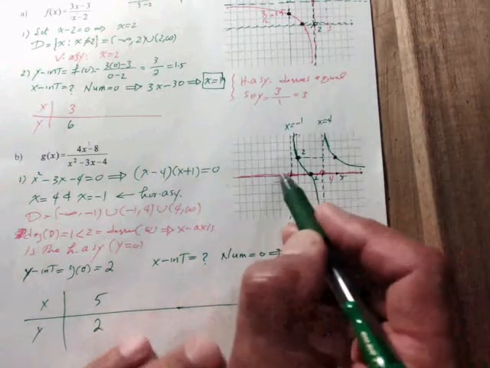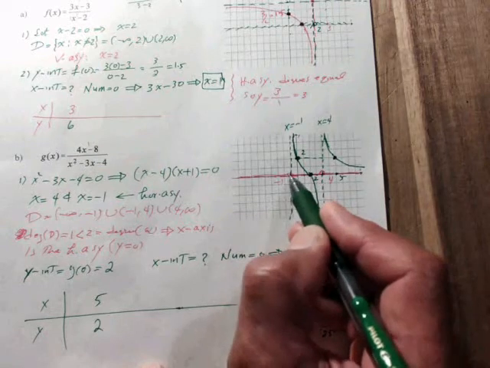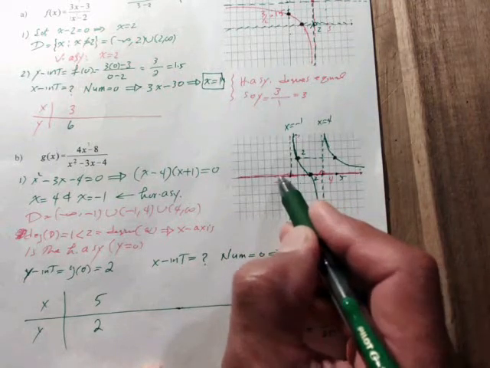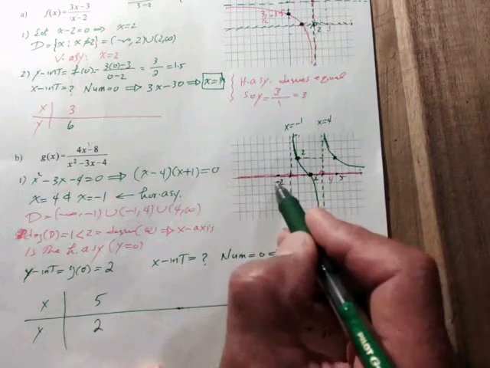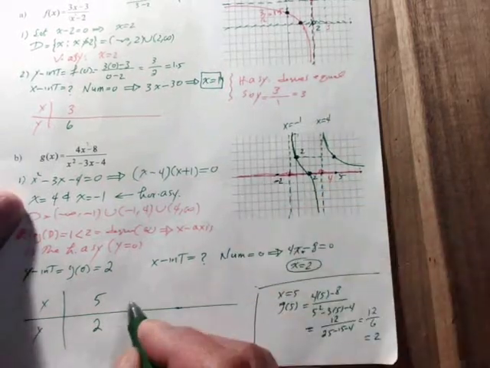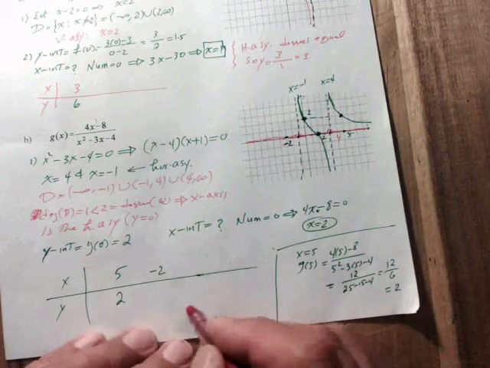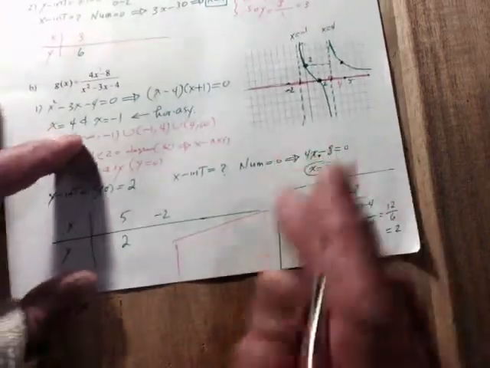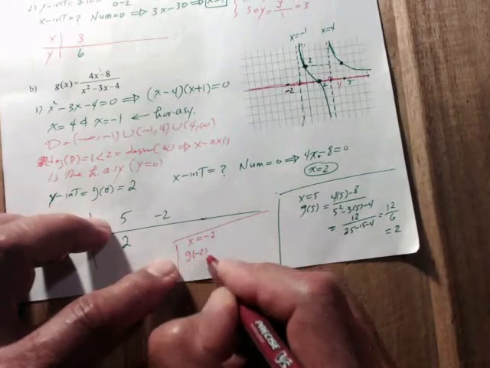Now if you want to get the one on the left side, I have to use the point, this point is negative 1, so I'm going to try negative 2 right here. This is x equal to negative 1. So what do I get if I put x equal to negative 2? G of negative 2 means put all of these x's by negative 2.